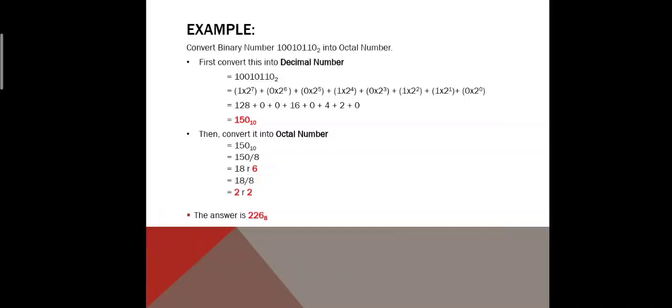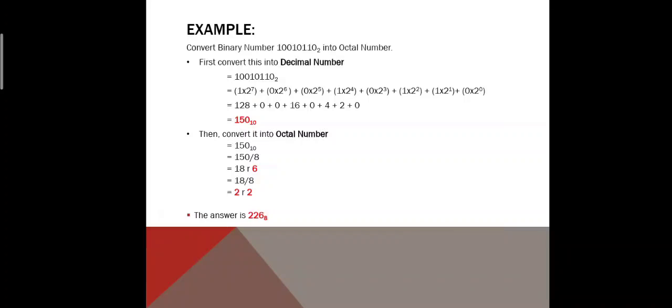So, dito na tayo pupunta sa, i-convert na natin siya to octal number. 150 base 10 equals 150 divided by 8 equals 18 and remainder 6.